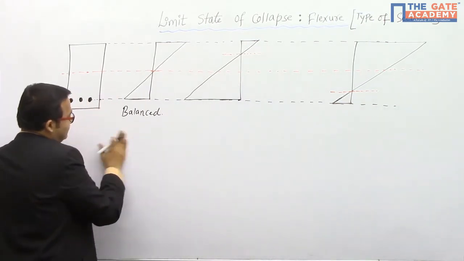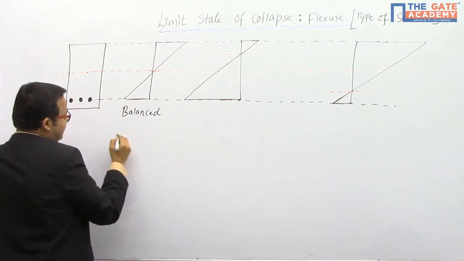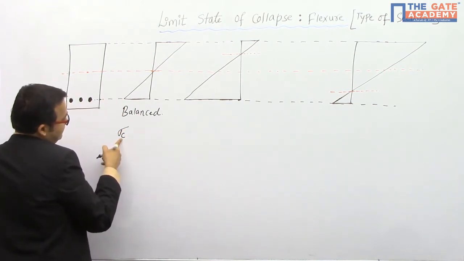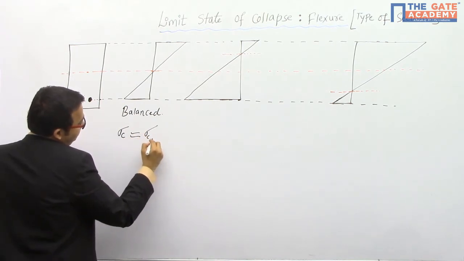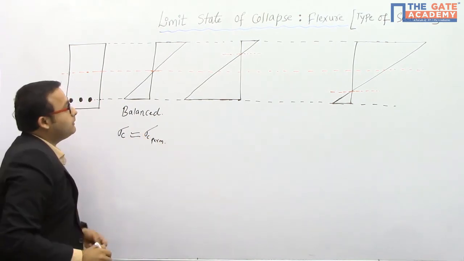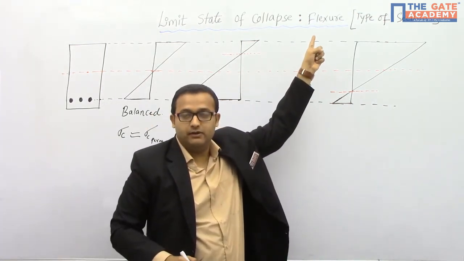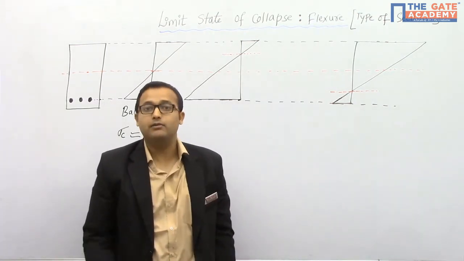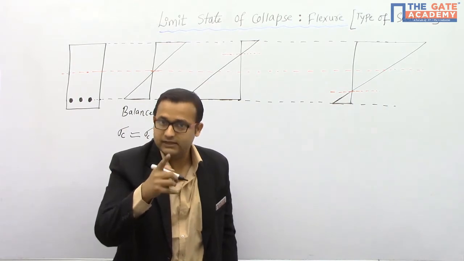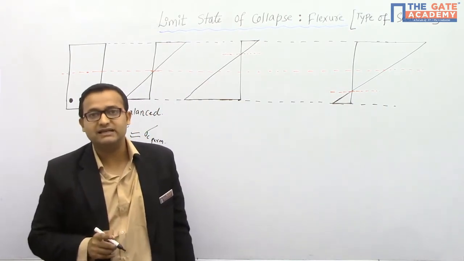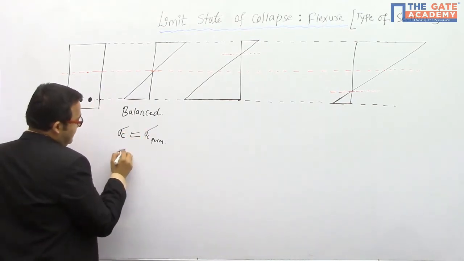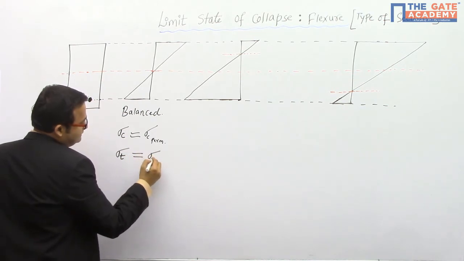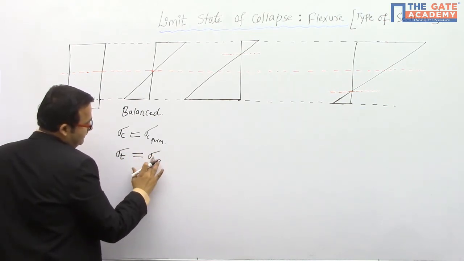So here I can write, in the balanced section, the stress in the concrete sigma c reaches its permissible value sigma c permissible. If I talk about the limit state of collapse in flexure, what is the permissible stress in the concrete? Can I say 0.446 fck? Yes, it is the permissible limit, the design strength of the concrete in the structure. In the same fashion, the tensile stress in the steel also reaches its permissible limit.